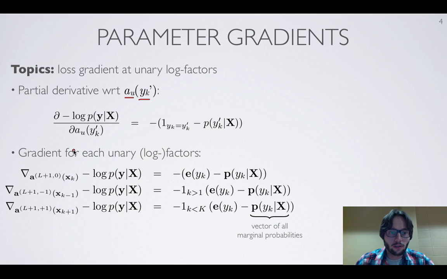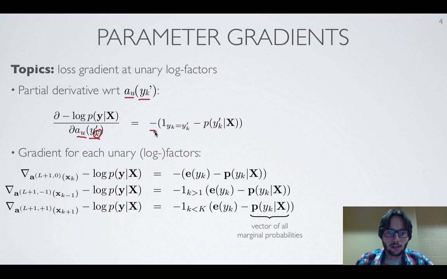So the partial derivative of the negative log of the probability of a given sequence y given some input sequence x with respect to the unary factor for some arbitrary label y' at position k is going to be actually quite similar to the gradient of the pre-activation at the output layer of a neural network.